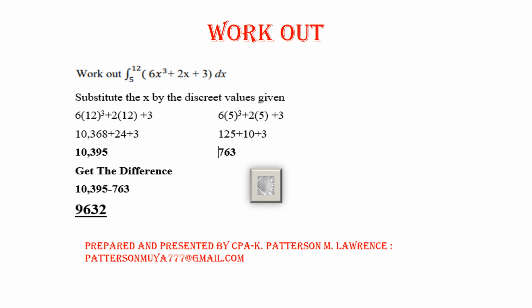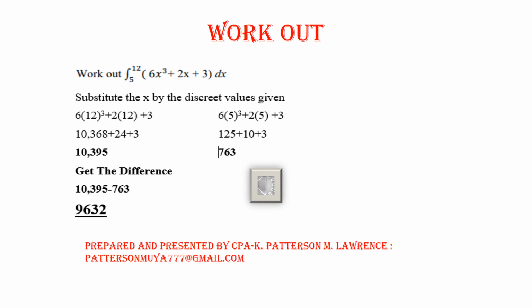I move to the other section. I replace again with the value 5. Therefore, my equation now becomes 6 times 5 raised to power 3 plus 2 times 5 plus 3, giving me 125 plus 10 plus 3, sequentially giving me 763.